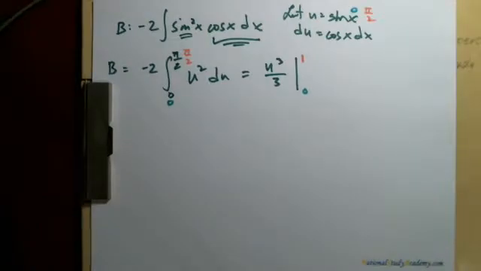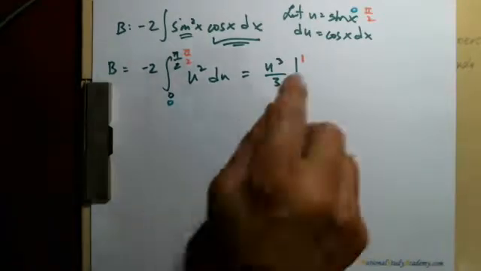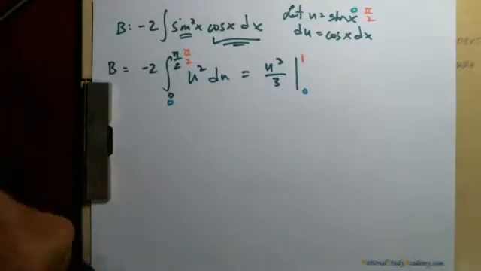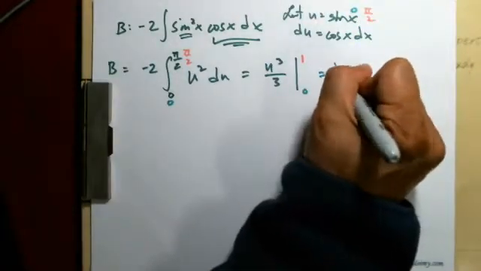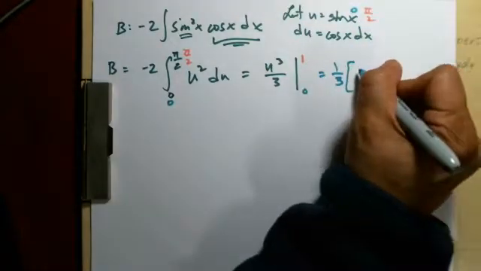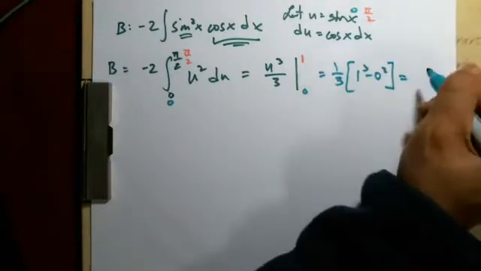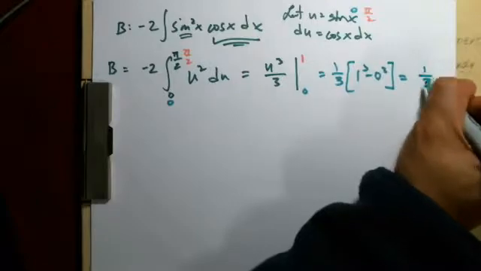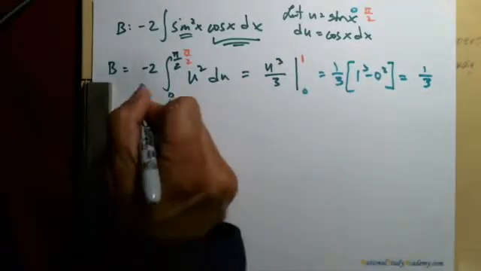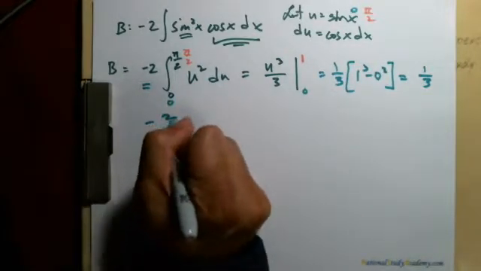So we plug in. An easy way to do this is to factor out 1/3. You get 1 cubed minus 0 cubed. 1 minus 0 is 1. It becomes 1/3. Times negative 2, you get negative 2/3.